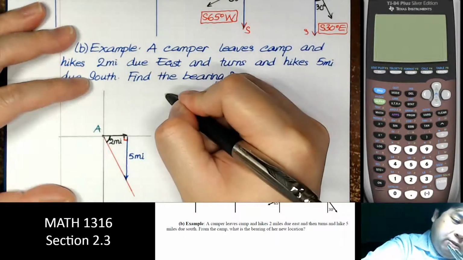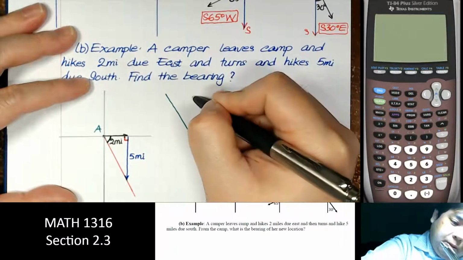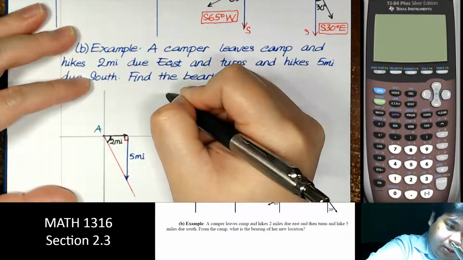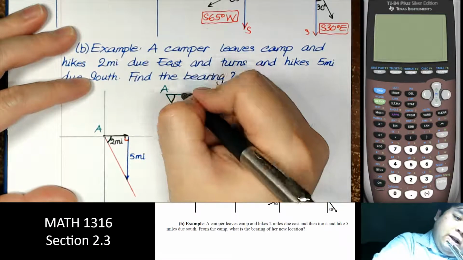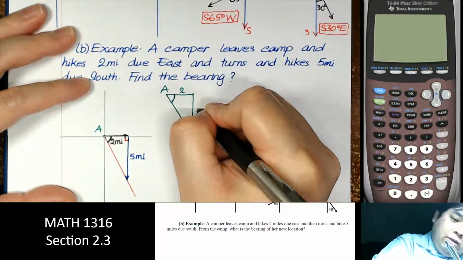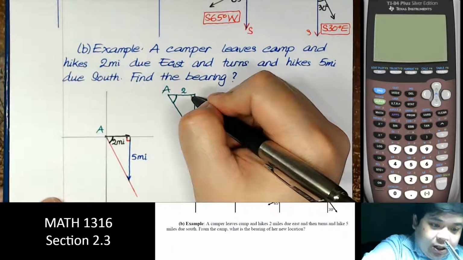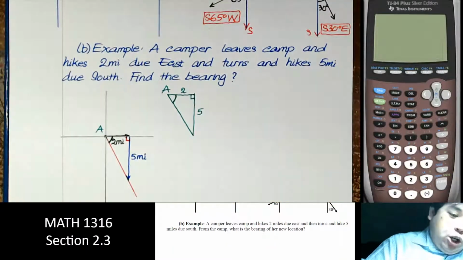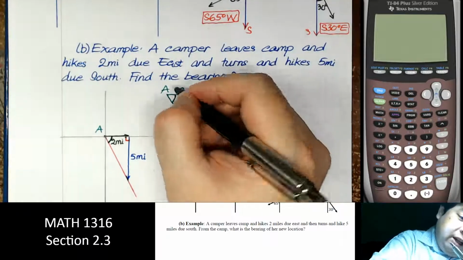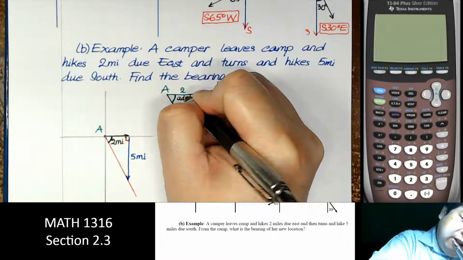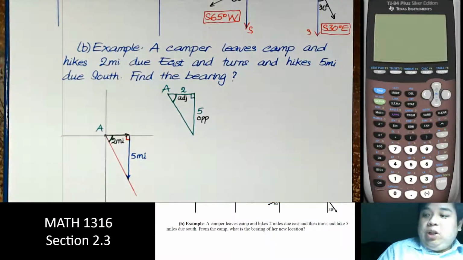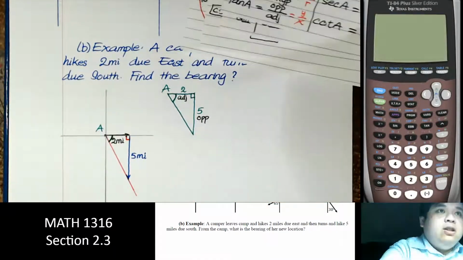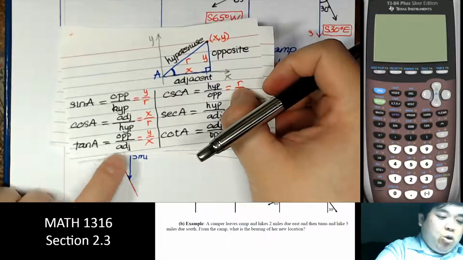So we have 2 and then 5. Now with respect to this angle A, 2 is adjacent to it and 5 is opposite to the angle A. So the ratio that has opposite and adjacent could be tangent.